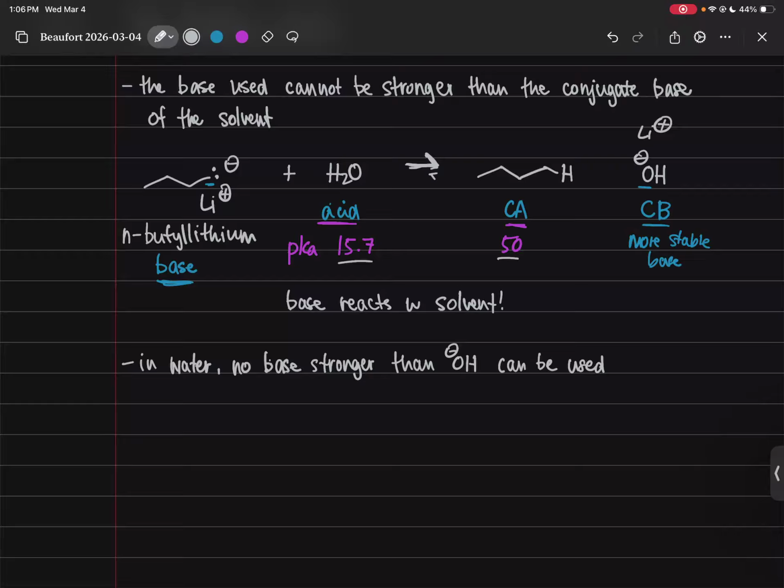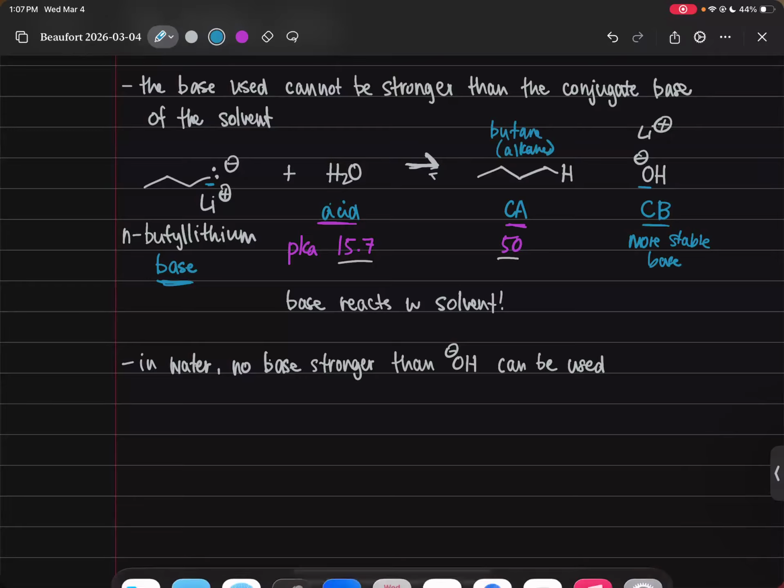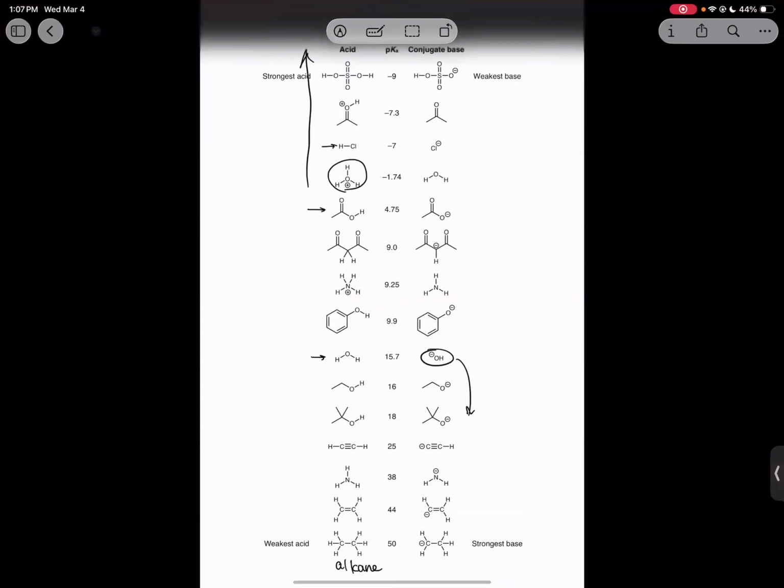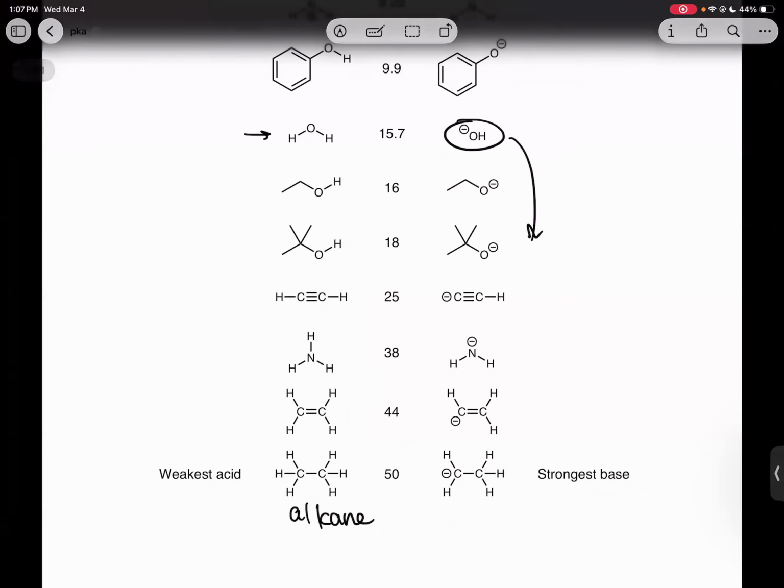So this is butane, which is just an alkane. When we look on the pKa chart, there's an alkyne. Really, all alkynes have a pKa of roughly 25. Alkenes, 44, 45. And then alkanes here.